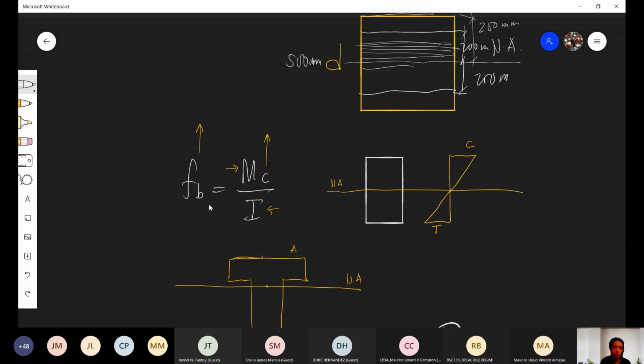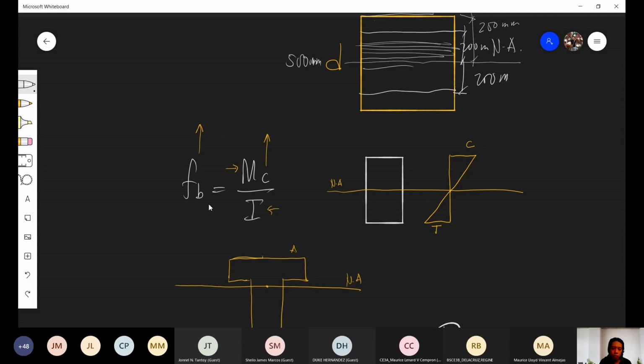That is what we call the flexural stress or the flexural bending stress. We consider it also as a reaction, but we call it an internal reaction because it happens inside the beam. So it is a reaction because of the externally applied load.